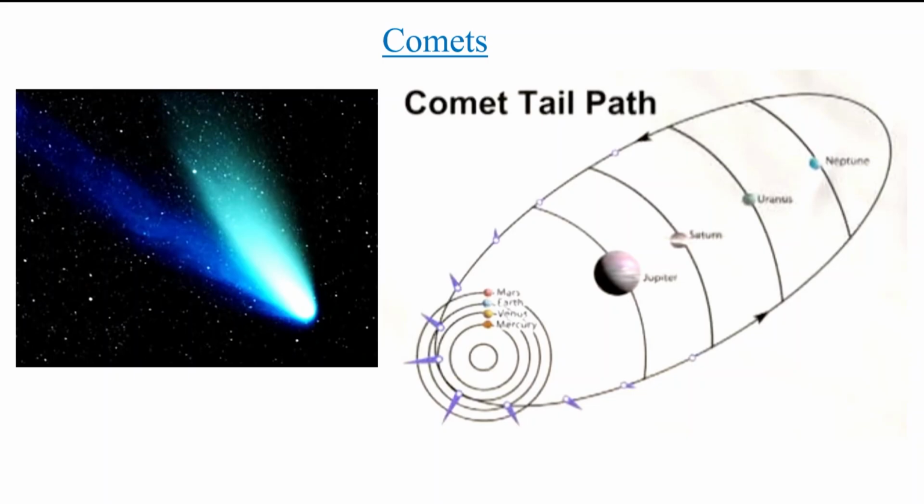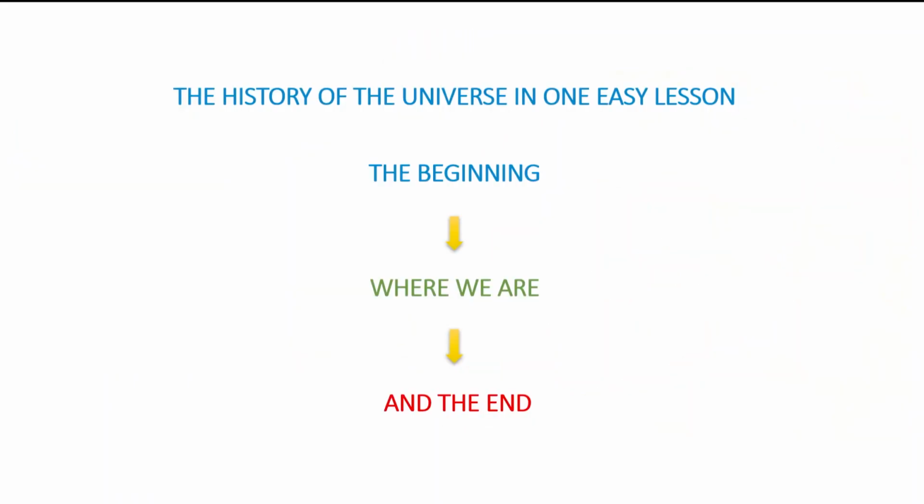Okay, so after our discussion on comets, just to summarize what we have learned about the origin of the universe and the origin of the solar system, we saw that the history of the universe starts from the beginning, and we looked at where we are placed within the universe, and how there are processes like the Big Crunch, which is just the inverse of the Big Bang, from where it all originated.